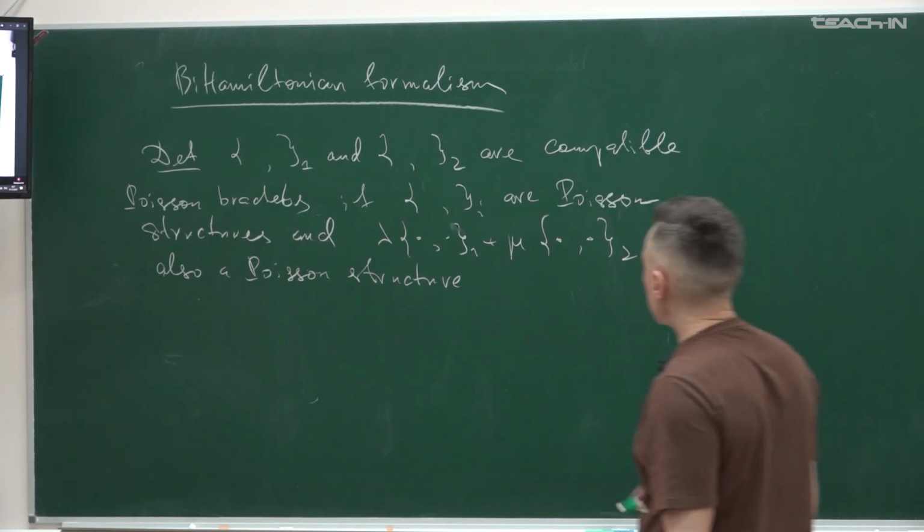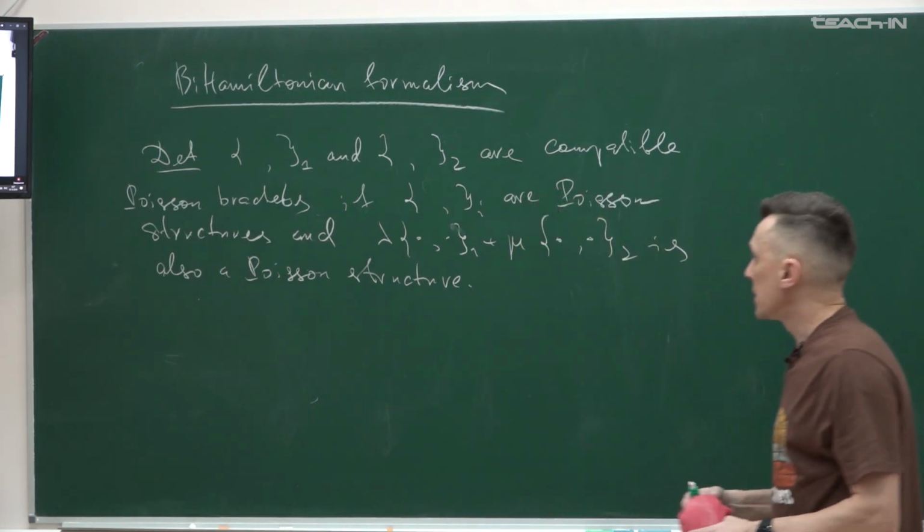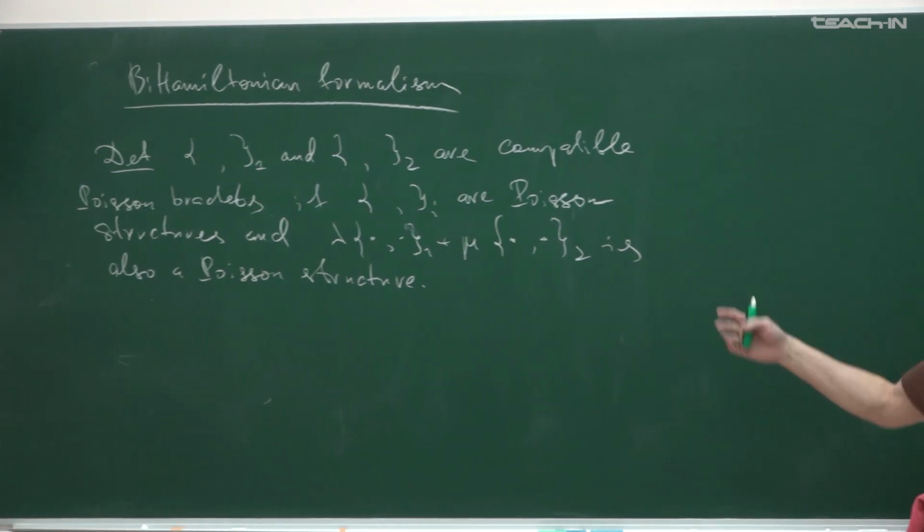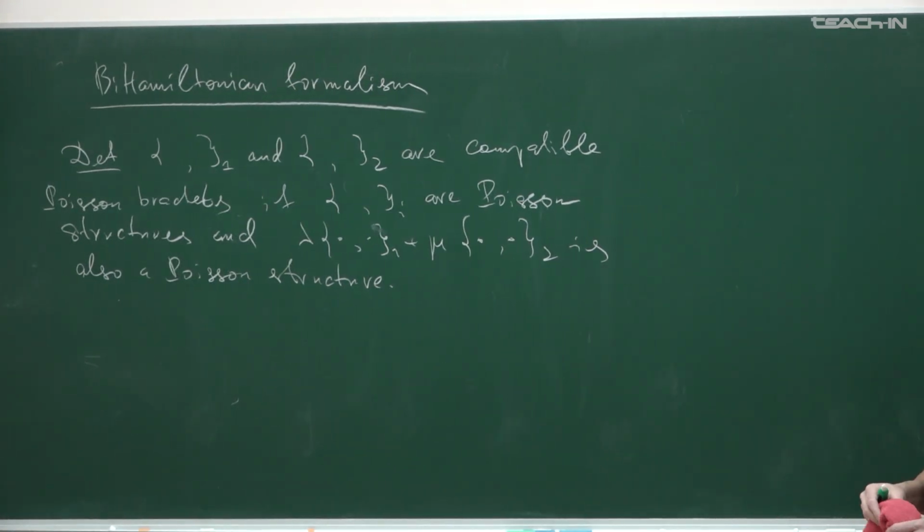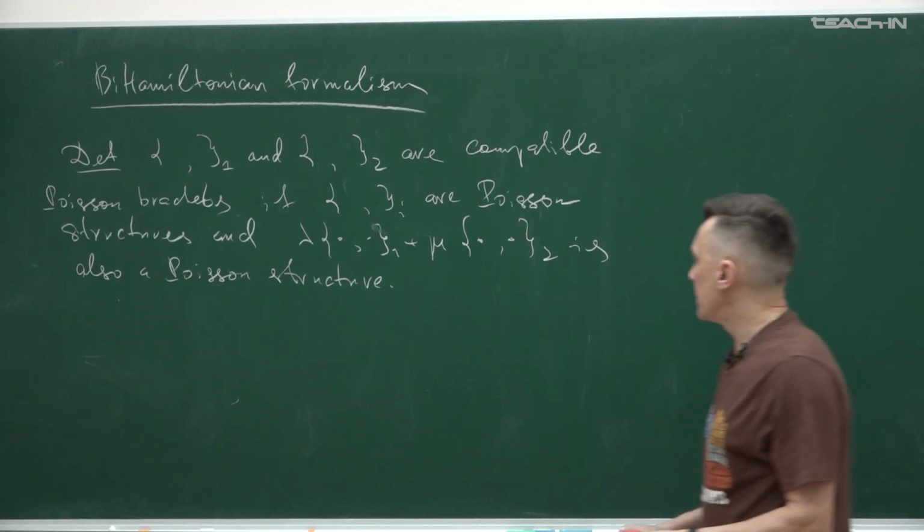But the Jacobi identity is non-trivial, and that's why it's a condition. It's a non-trivial condition on two bivectors.